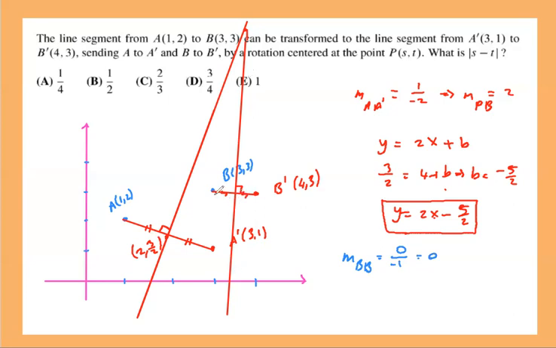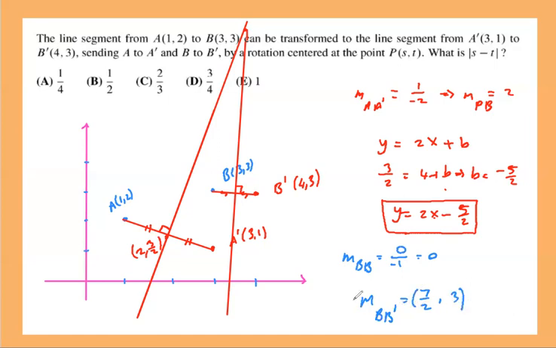So this vertical line is passing right through the middle of B and B prime. Taking the midpoint of B and B prime: 3 plus 4 is 7 over 2, because we take the average, and 3 plus 3 over 2 is also 3.